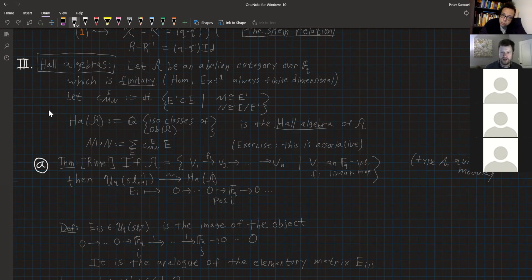And so Ringel showed that the quantum group U_q(sl_n) is isomorphic to the Hall algebra of this category. I should be a little careful here, because there are really two parameters. The q in the quantum group is a formal parameter.